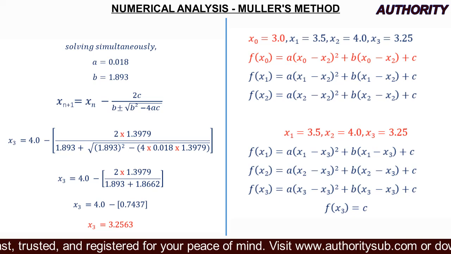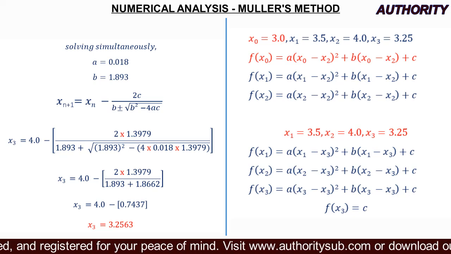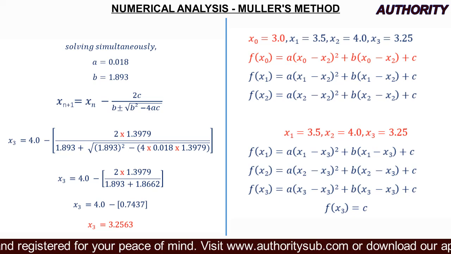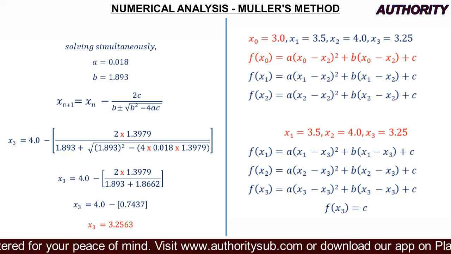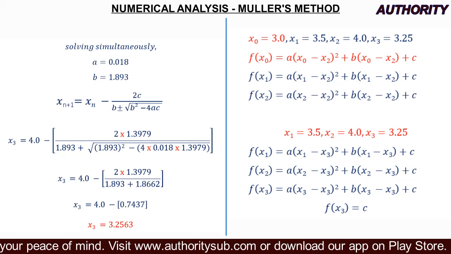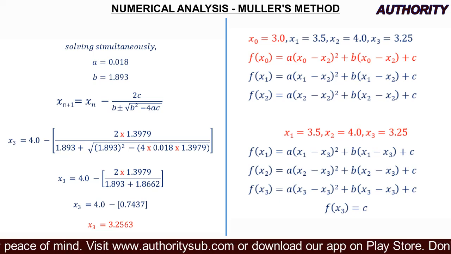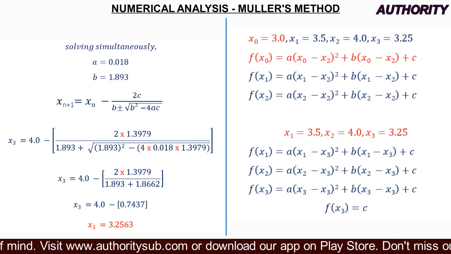So for us to find another a, b, c so that we continue the iteration, we see that c has changed to be f of x3. The way we found f of x1, f of x2, and f of x3, it's still the same thing we are going to do here.